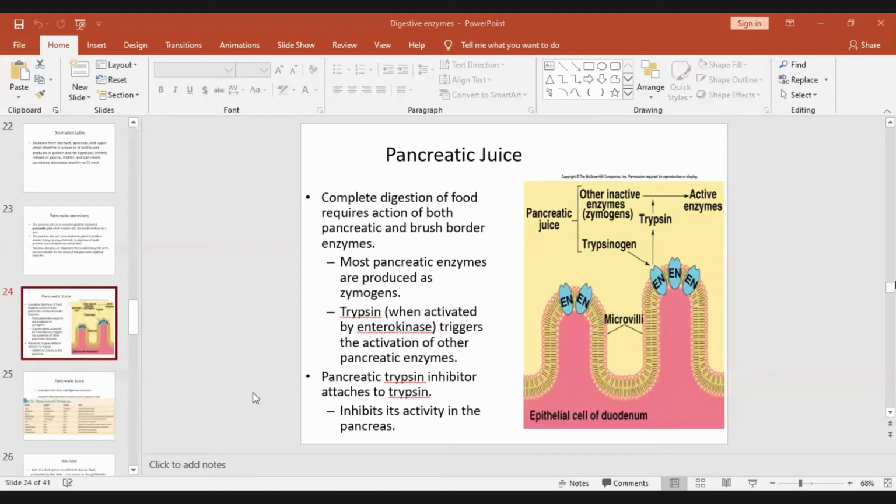If by error trypsinogen gets activated, there would be autolysis of the cells in the tissue, so this inhibitor helps to inhibit the erroneous activation of trypsinogen. So trypsinogen is converted to trypsin by enterokinase, and trypsin helps in the activation of inactive zymogens to active enzymes. That is the main role.